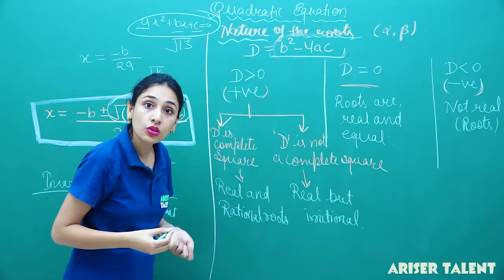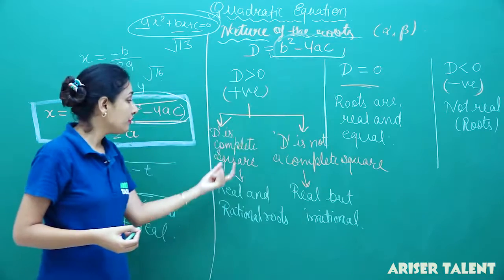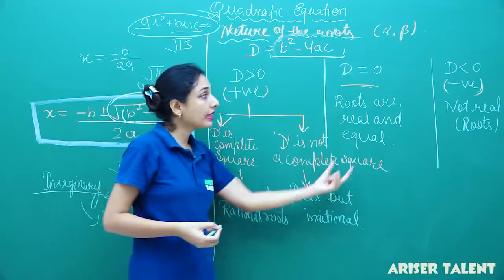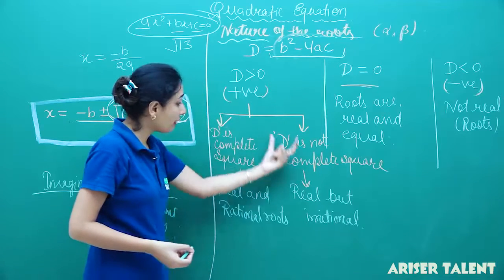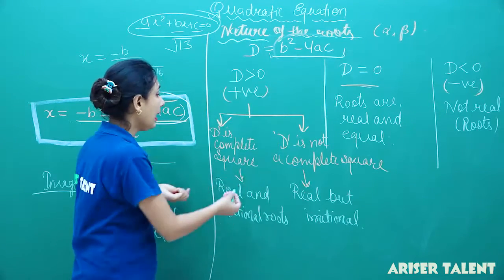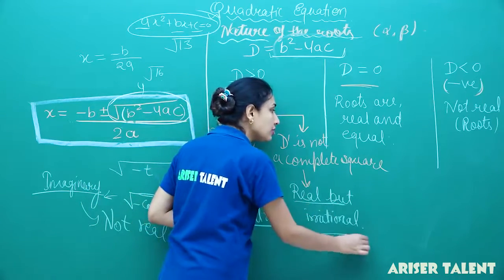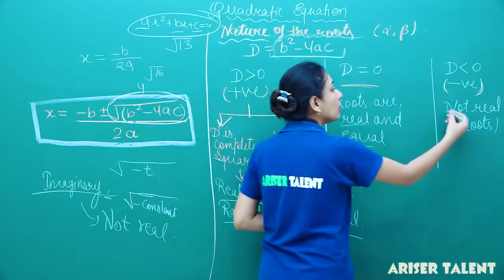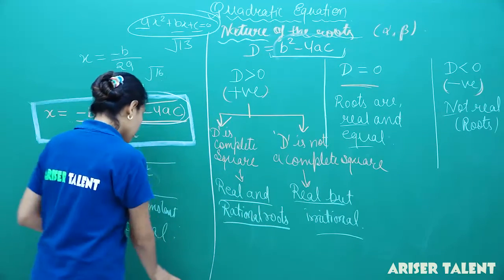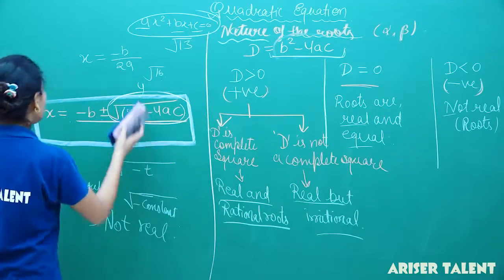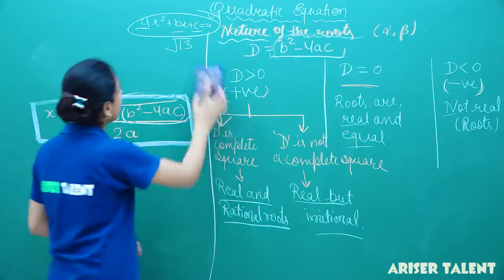What will you do? You will just calculate this value and see which category it lies in. As soon as you find the category, you can say whether the roots are real and irrational, real and equal, or not real. Okay.